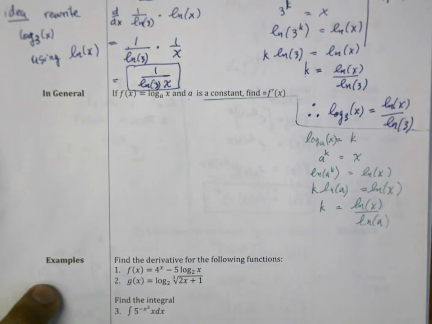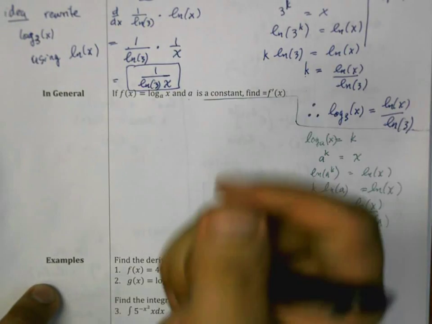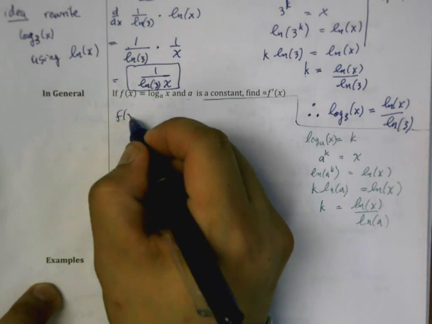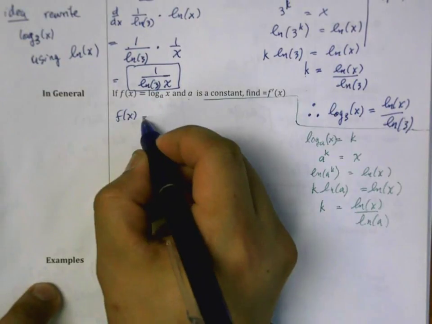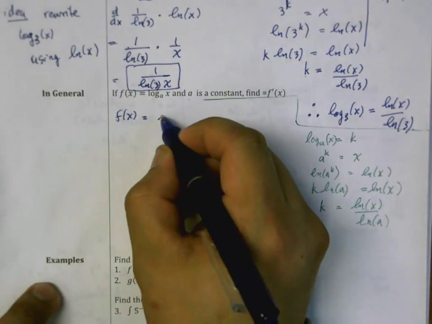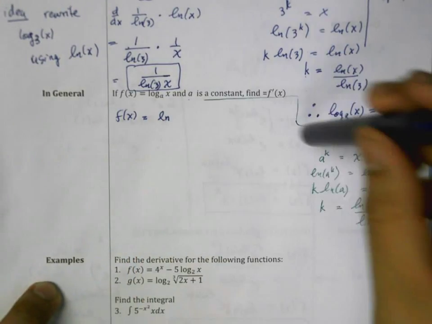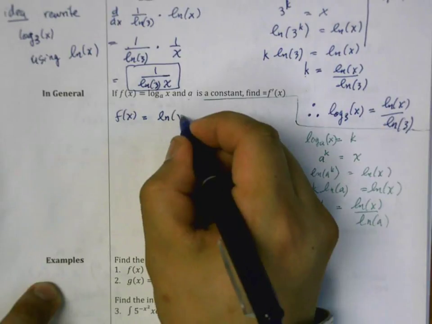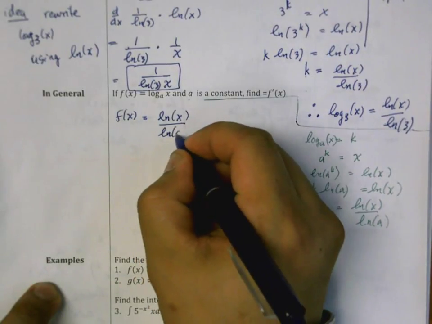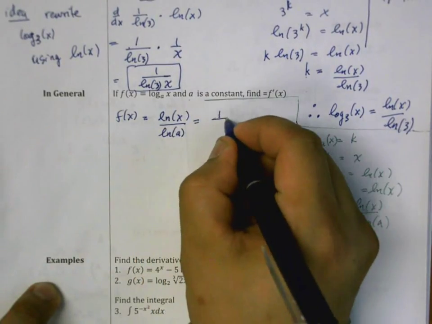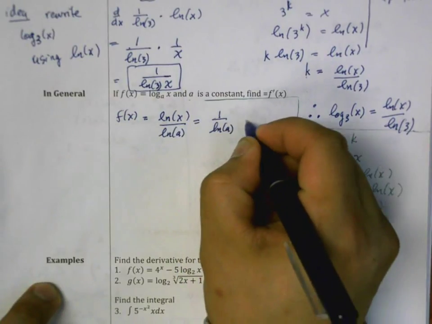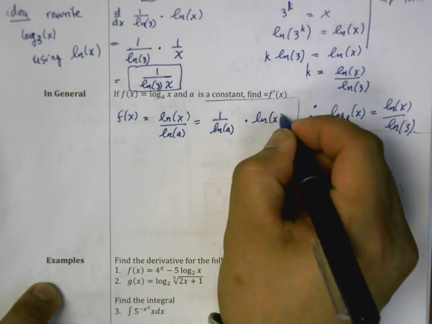And now let's deal with this problem. Before we take the derivative, let's rewrite this. This is just natural log of x over natural log of a, or 1 over natural log of a times natural log of x.